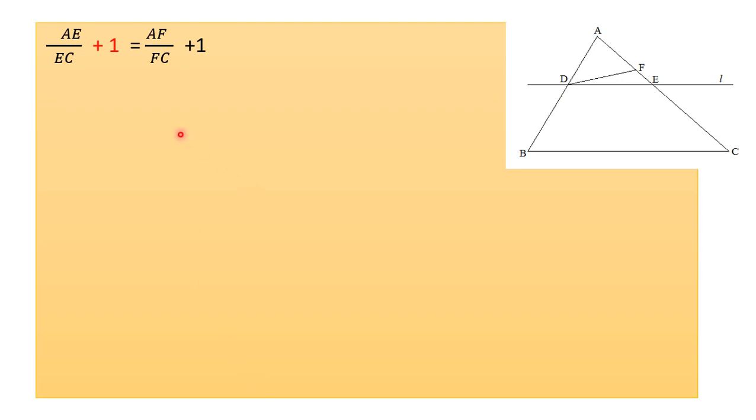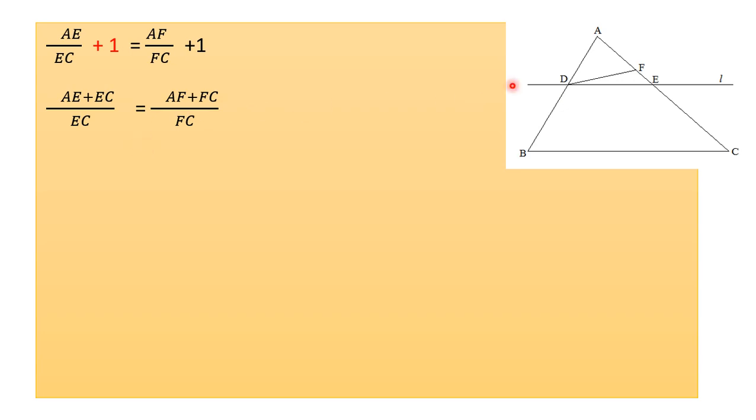So we add 1 to both the sides, and after taking LCM of the denominators in both the sides, we get AE plus EC upon EC is equal to AF plus FC upon FC.